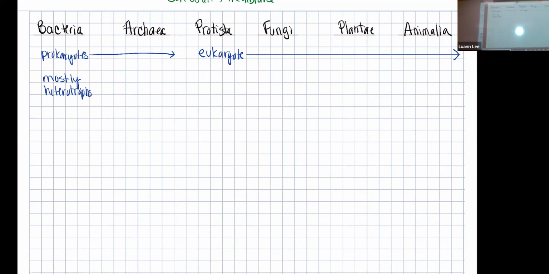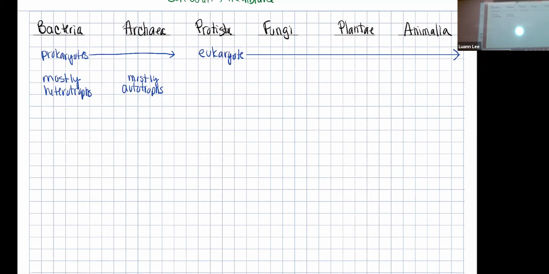Archaea are autotrophs, mostly. They live in the hot springs and they use the chemicals around them to get energy to provide the food that they need, the nutrients that they need.